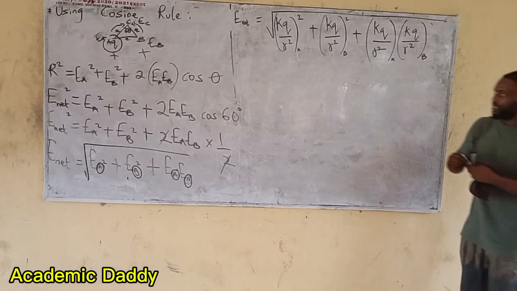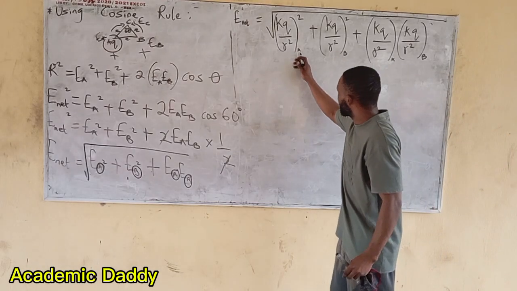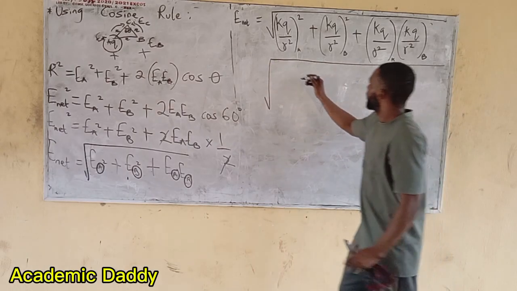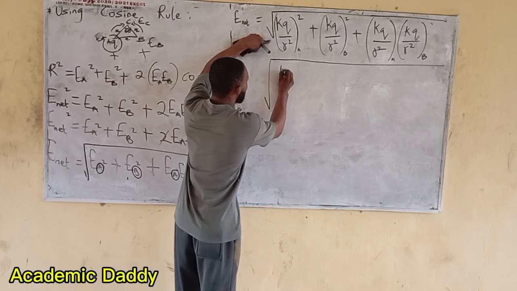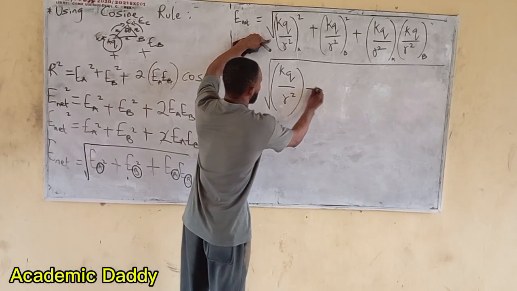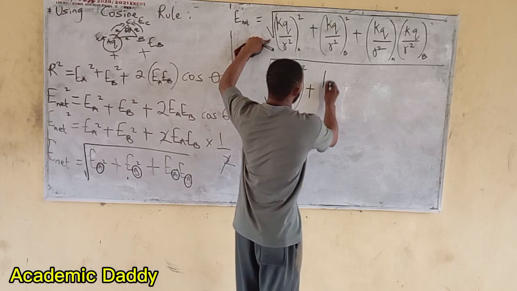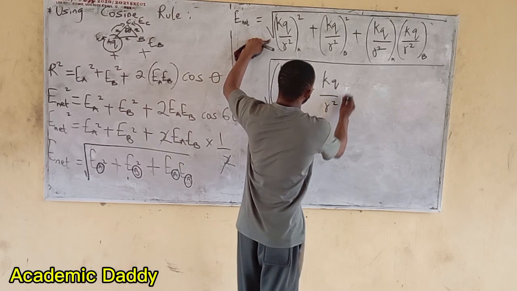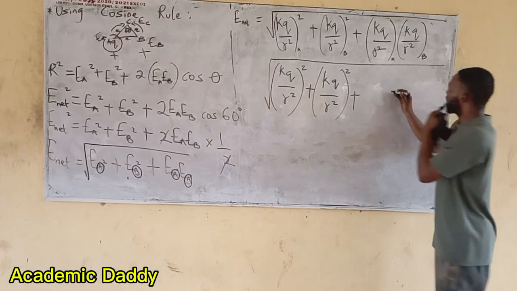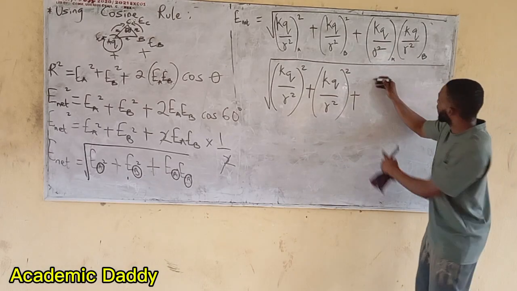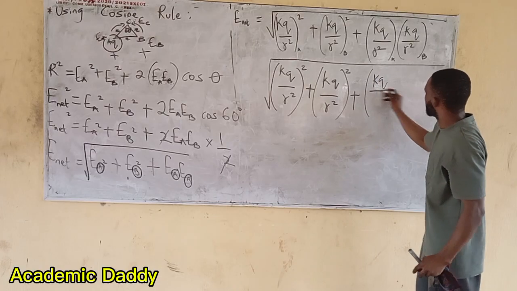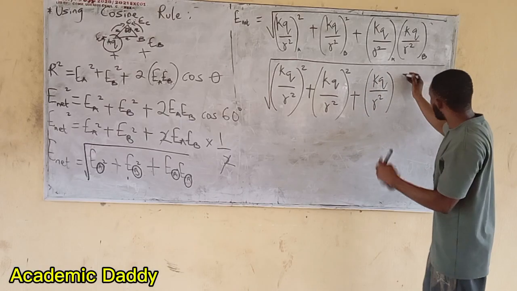So for that reason, I will simply come here now and start to ignore the A and the B. I will now do KQ over R squared, all squared, plus KQ over R squared, all squared. Now, plus, notice something. Because I'm ignoring, let me first ignore before I start multiplying, because they are positive charges, no need.